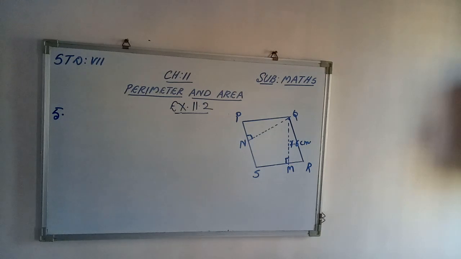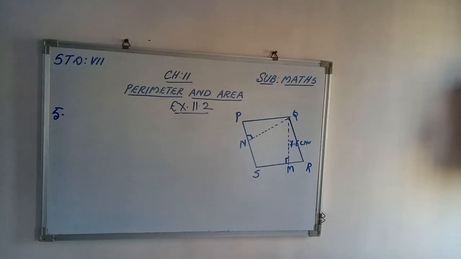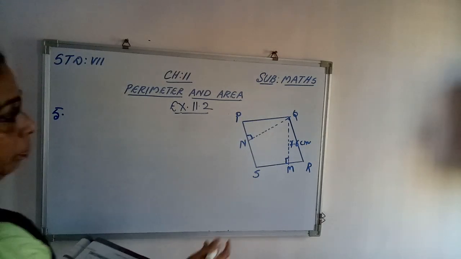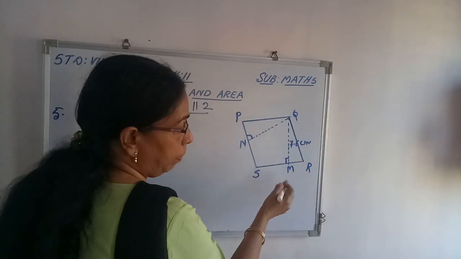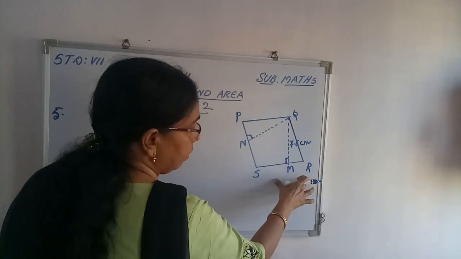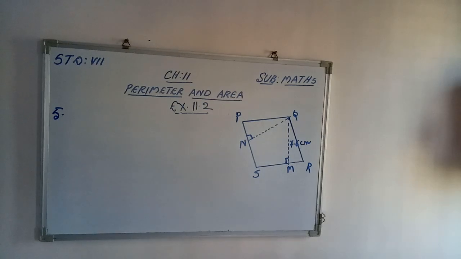Listen, I have drawn the parallelogram here. PQRS is the parallelogram. QM is the height from Q to SR. That means if you take SR as the base, QM is the height. So we can find the area of the parallelogram using the formula base into height, as SR is given as 12 centimeter.